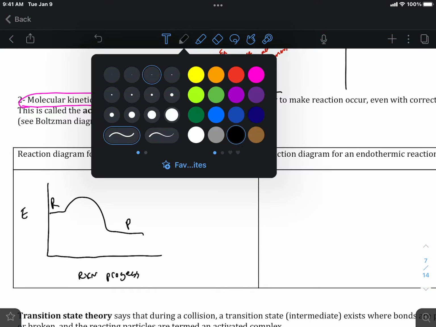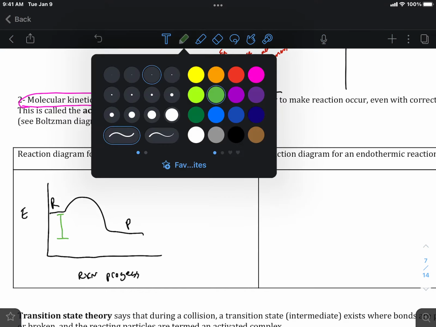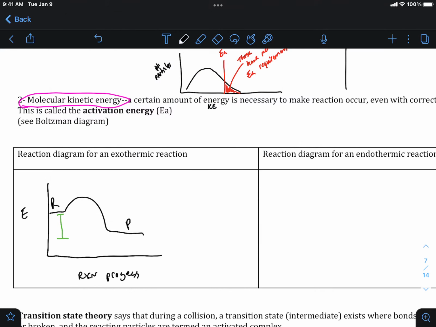So we say exothermic because, as you know, in an exothermic reaction, there is a net loss, right? So we have a negative. And by the way, since we're on here, this could either be energy or enthalpy, right? It's the same point either way. So the delta E or the delta H in this case is negative.